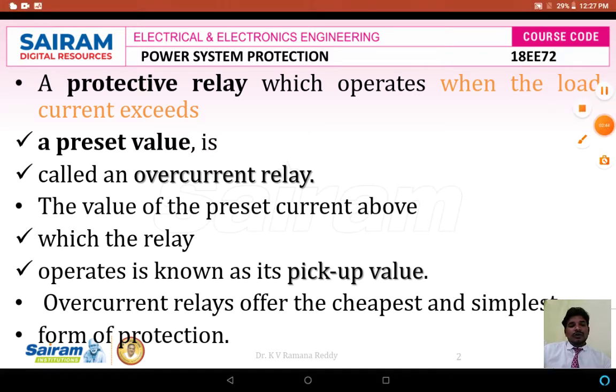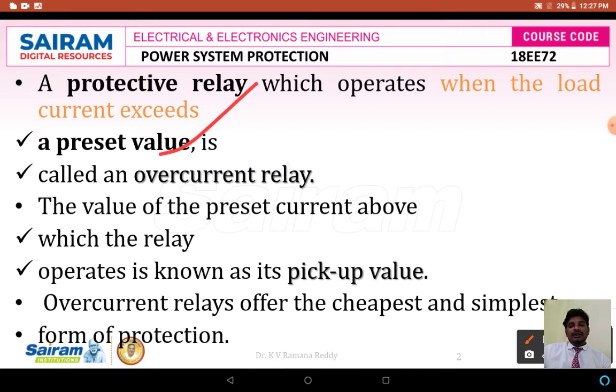So overcurrent relays are those protective relays which are used to protect the power system, its associated equipment and the loads. When the load current exceeds the preset or predetermined value, the relay has to sense the current which exceeds that preset value, called the pickup value.